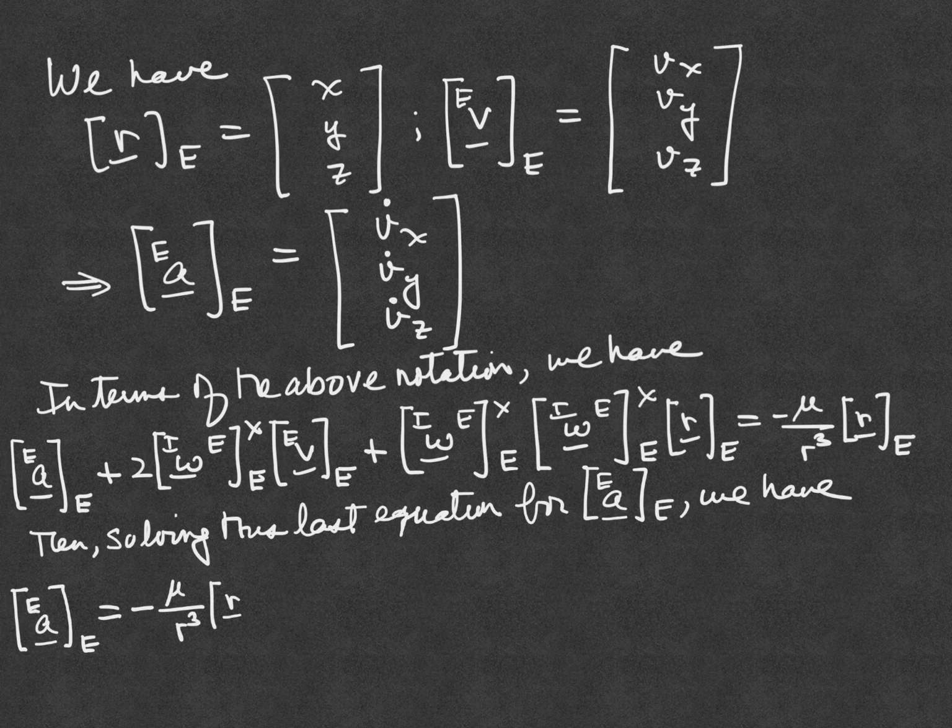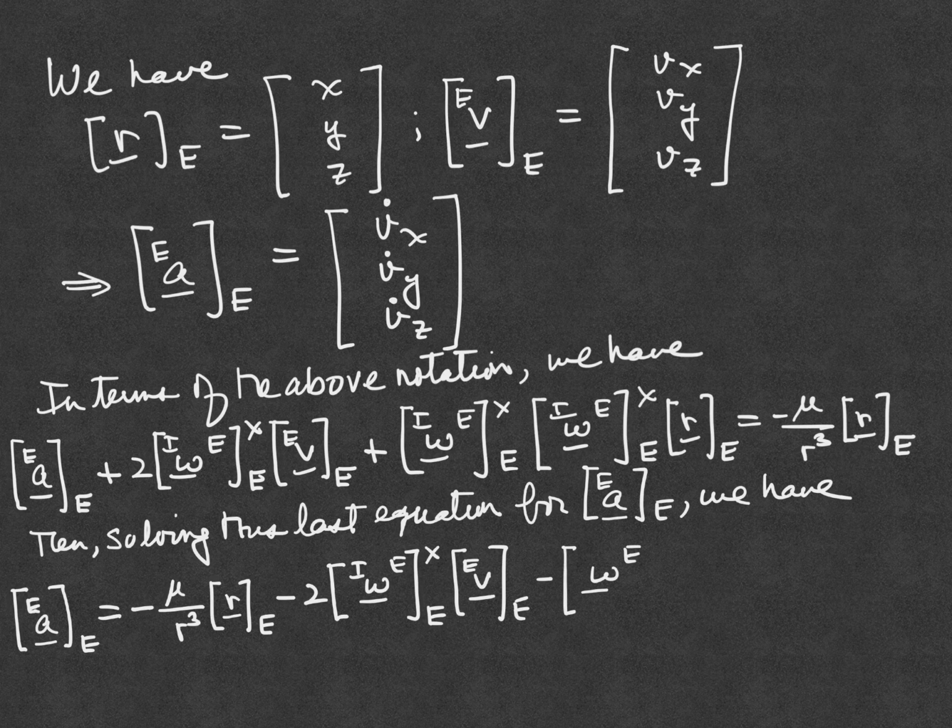And we have minus 2 times omega EI skew expressed in E times VE expressed in E, minus omega EI skew expressed in E times omega EI skew expressed in E times R expressed in E.